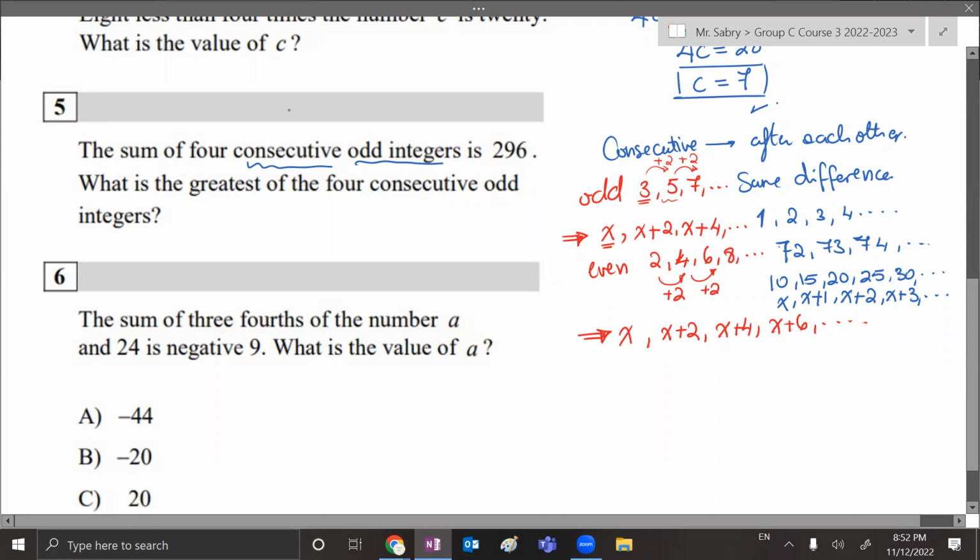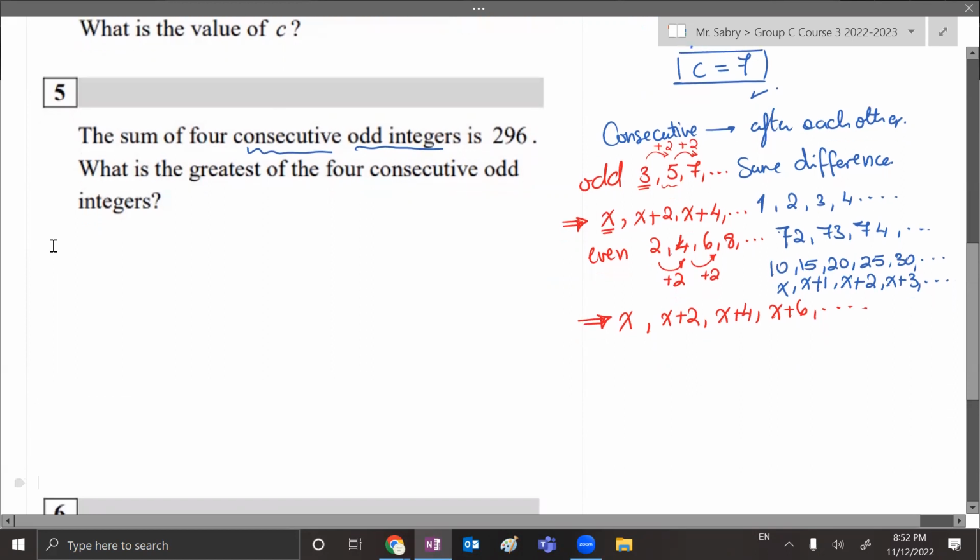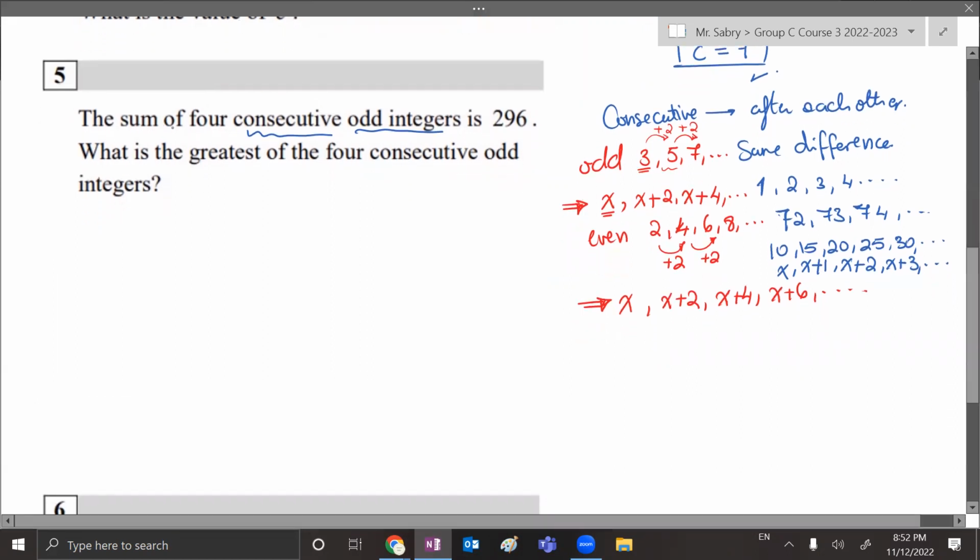How can this help me solving this question number 5? The sum of 4 consecutive odd integers. We just said that the consecutive odd numbers are represented as x, then x plus 2, and x plus 4, and then the fourth one is x plus 6.